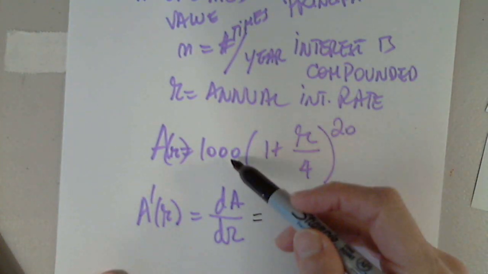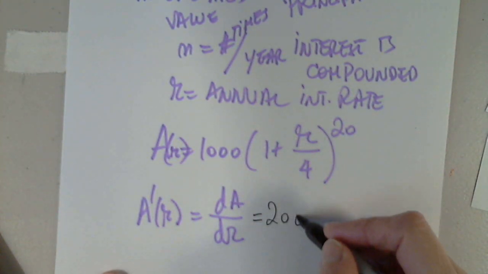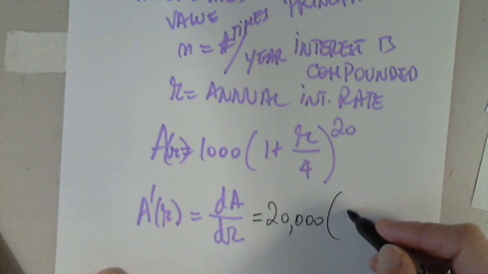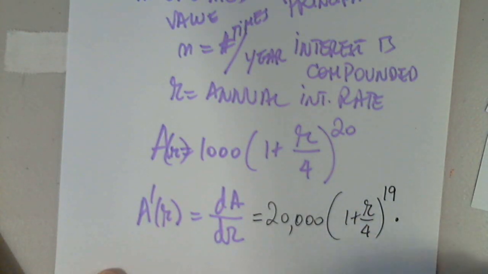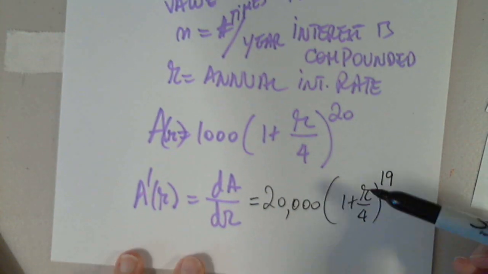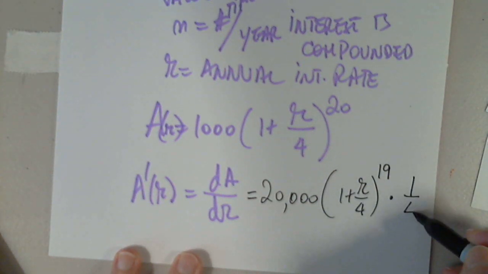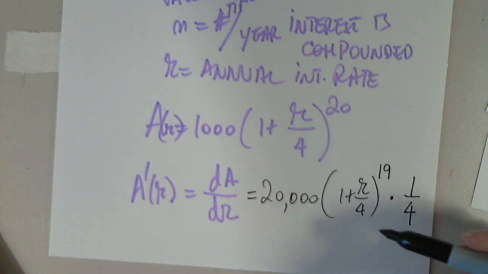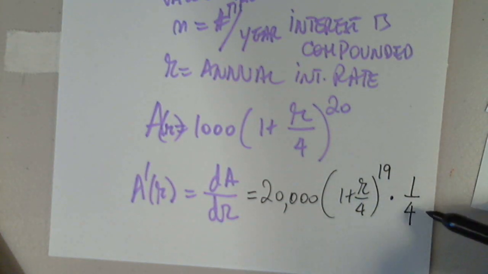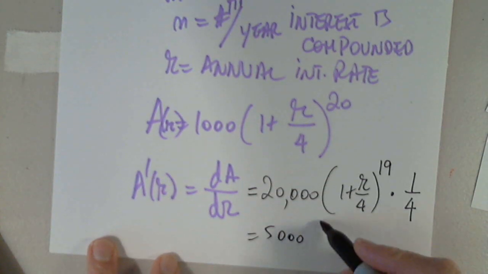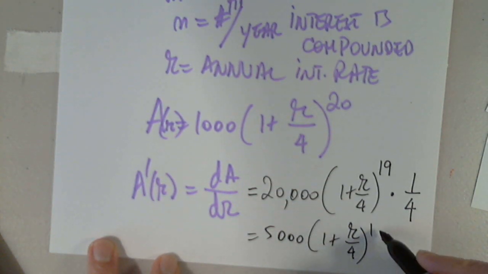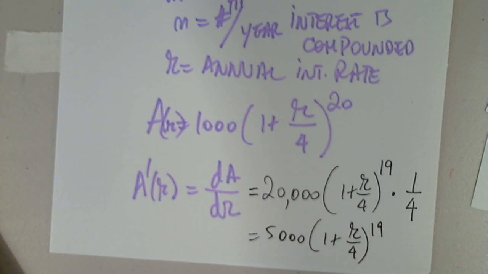So I bring down 20, multiply by 1,000 to get 20,000. I subtract 1 from the power, and I get 19, and multiply by the inner function prime. When I differentiate the inner function, I get 1 over 4. When you differentiate R, you get 1, but 1 times 1 over 4 is 1 over 4. Of course, I will simplify 20,000 by 4, and I get 5,000 times (1 plus R over 4) to the 19th power. That's the rate of change.